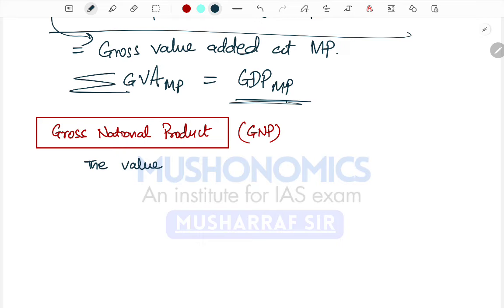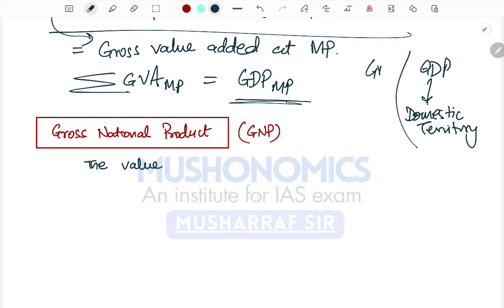Now there is a difference between GDP and GNP. When we talk about GDP, we take into consideration the domestic territory of a country, right? But when we talk about GNP, we take into consideration the nationals of a country. These nationals may be in India, may be outside India.